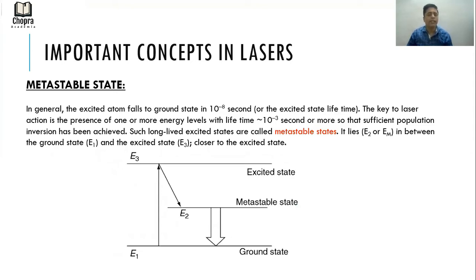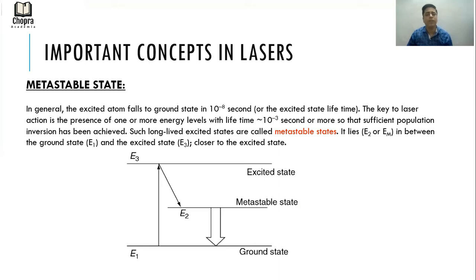The key to laser action is the presence of one or more energy levels with a lifetime of far longer duration, of the order of milliseconds or more, so that sufficient population inversion can be achieved. We know that already, because population inversion has to be very well accomplished, then we can have a higher probability of stimulated emission. Such long-lived excited states are called metastable states.